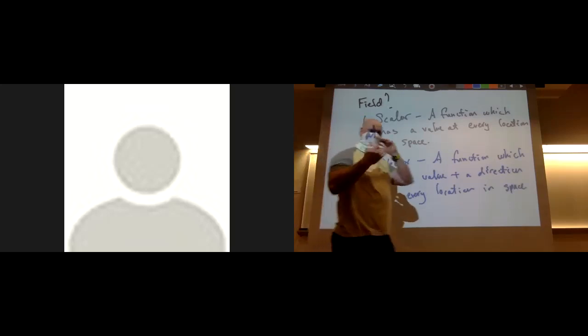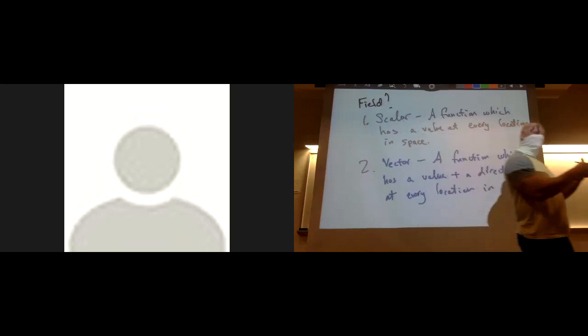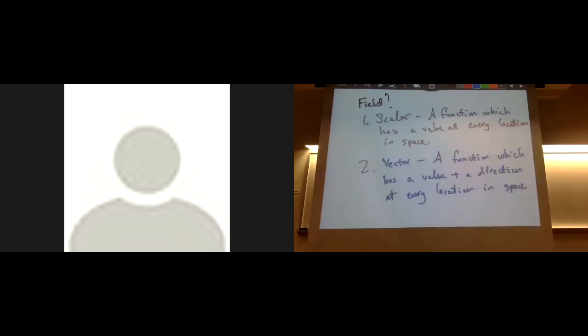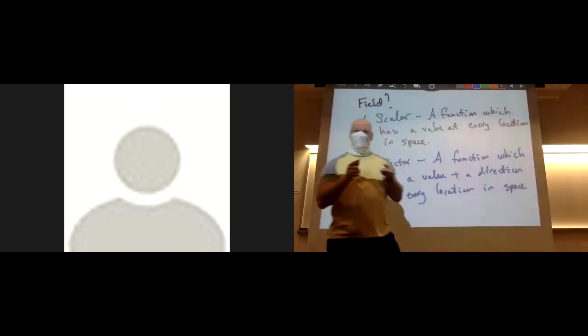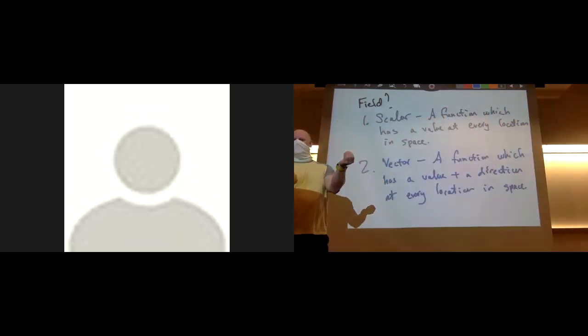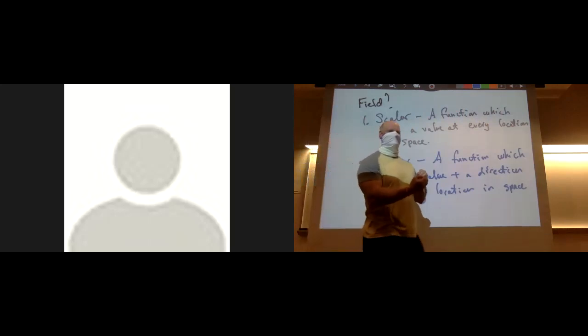So what this means is it's one step up from a scalar field. It's a scalar field, but it has a directional property associated with every point as well. So what this means is that at every location in space, there's a value and a direction associated with it at all of those locations. This is a vector field.